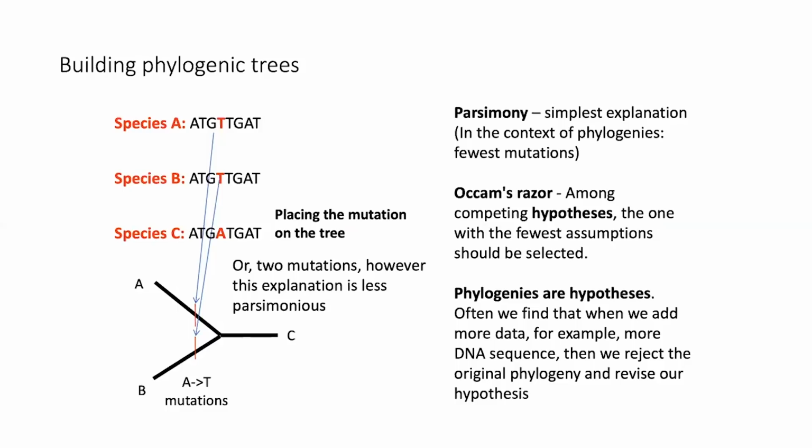But often, as you get more information, as technology improves and you're able to sequence larger and larger stretches of DNA, and computing power improves, and you're able to compare more DNA sequences with each other, then you have to update your hypothesis, because often the one with more information changes what the overall evolutionary pattern looks like.